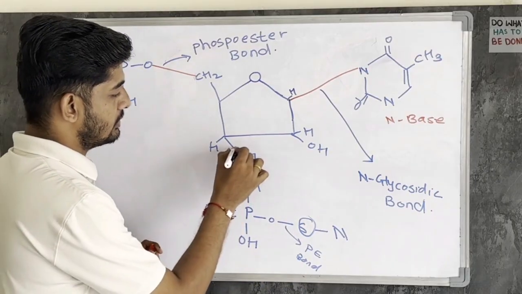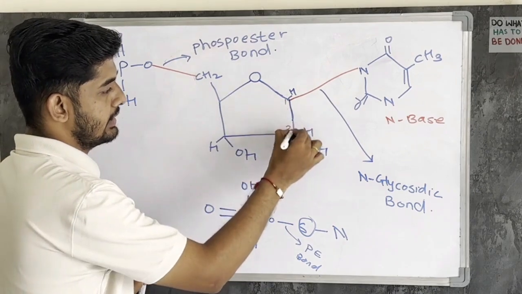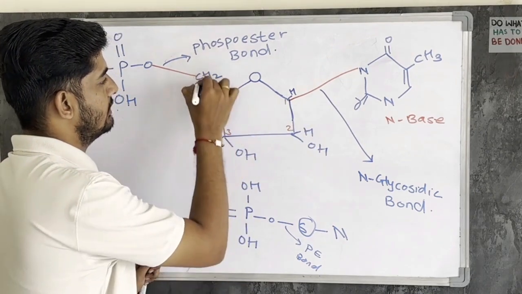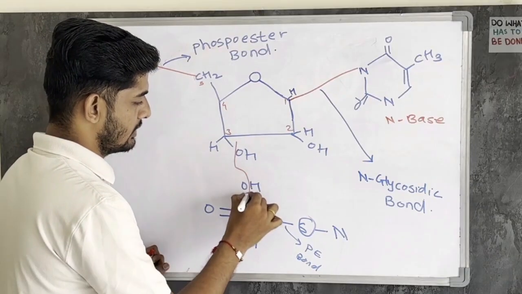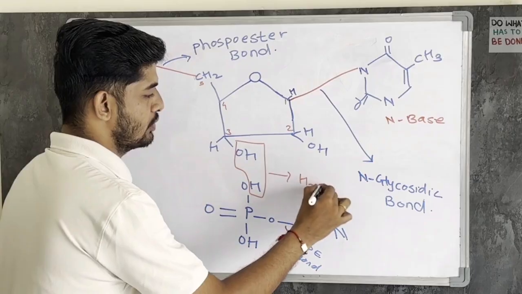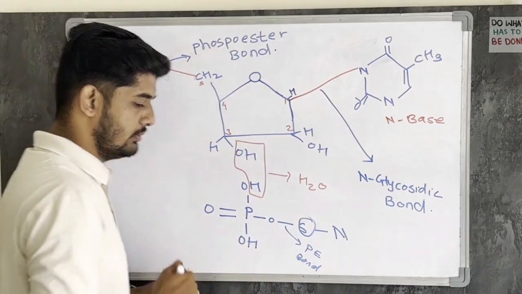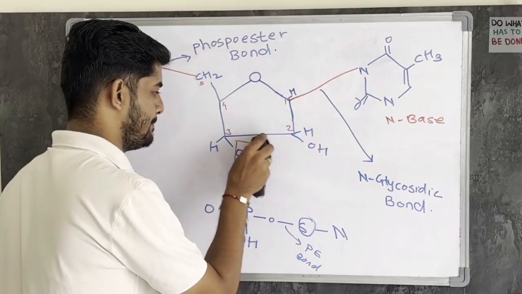Now, the OH is going to get removed from the third carbon. So this is our first, second, third, fourth, and this is our fifth carbon. So now this OH and this hydrogen are going to get released as H2O. After the release of H2O, there is a formation of bond. This bond is called the phosphodiester bond.